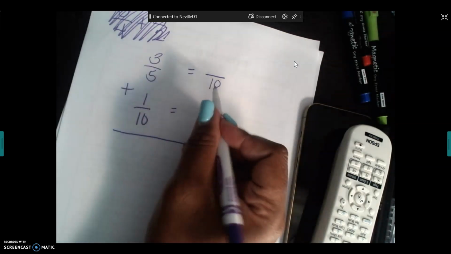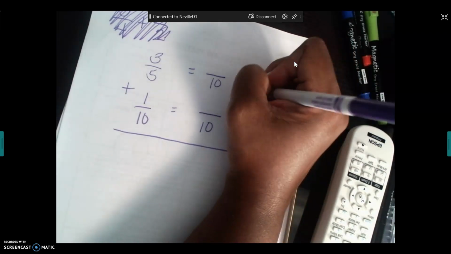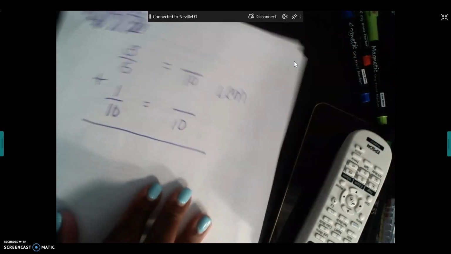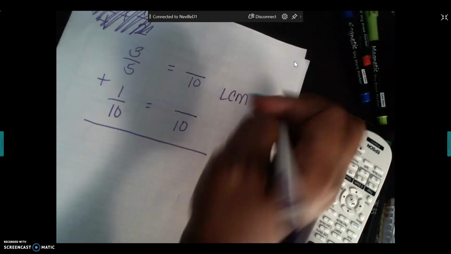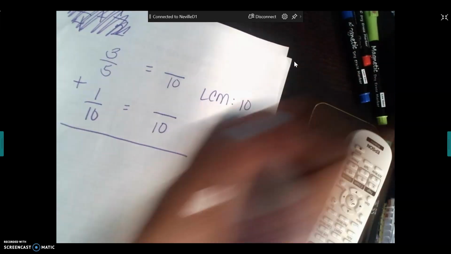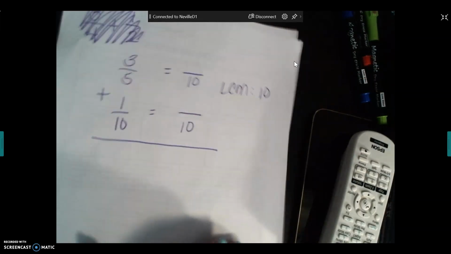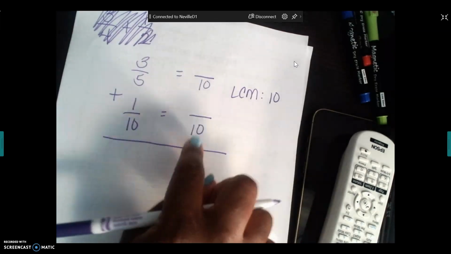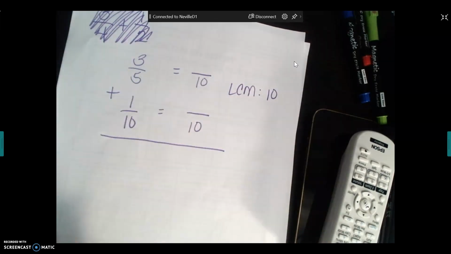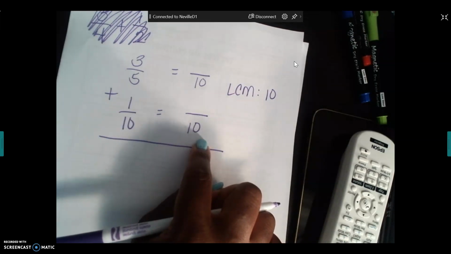So if both of their denominators are going to increase to 10, I found the LCM. And the LCM between 5 and 10, the least common multiple, is 10. So when I changed the denominator to match the LCM, I have to think about how I got to 10.